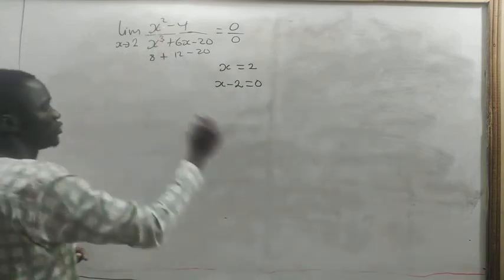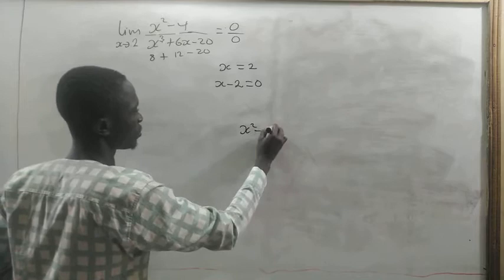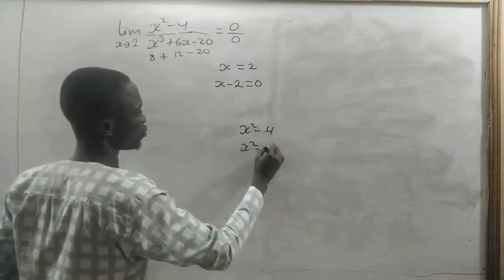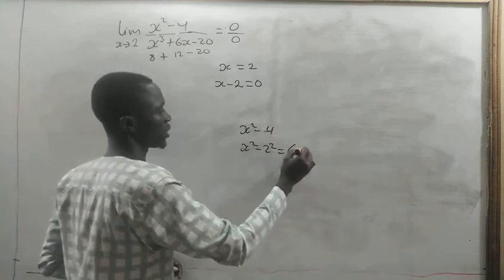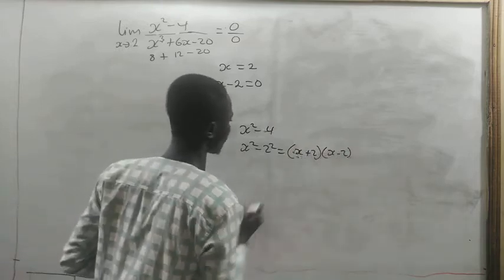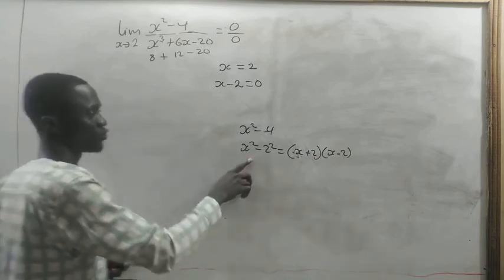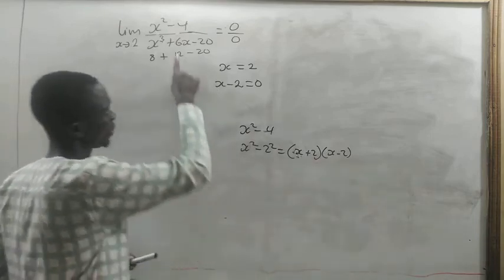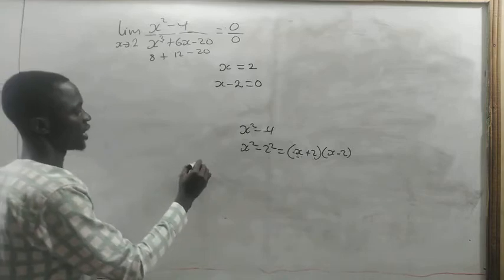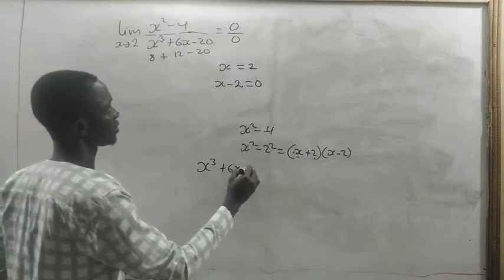So here, the numerator, we have x squared minus 4, which is the same as x squared minus 2 squared, and we get difference of squares, x plus 2 times x minus 2. Now, what about the denominator? We're able to factorize the numerator. What about the denominator? We have x cubed plus 6x minus 20.